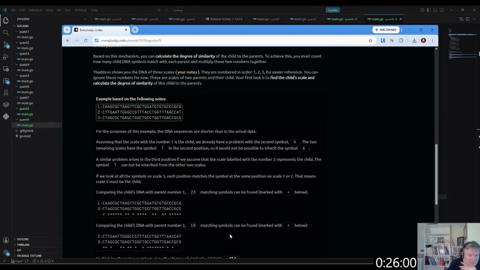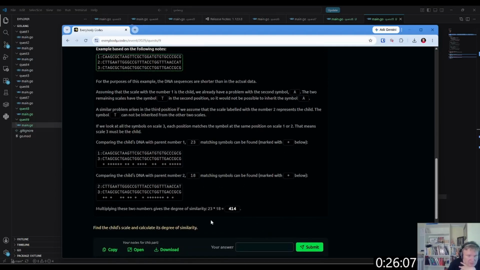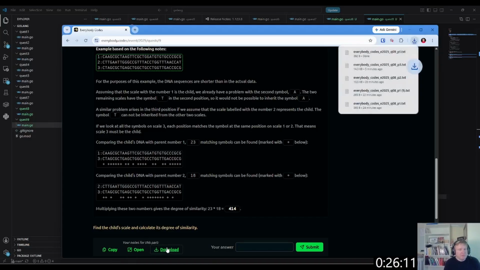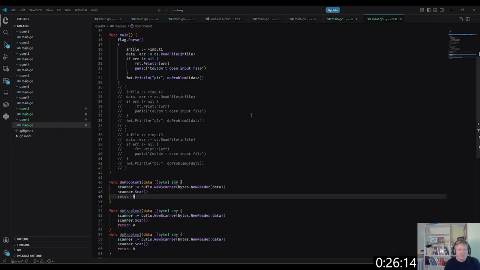Find the child. Okay, so we're going to be given 3 scales. We've got to find the child's scale and find the similarity. Okay.